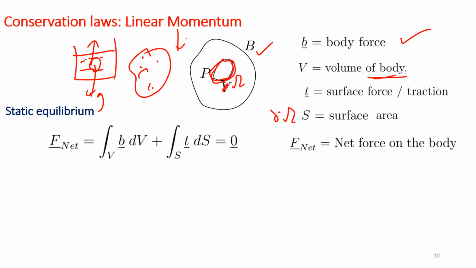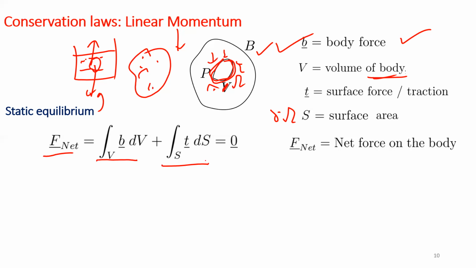All right, so coming back to linear momentum. So we are considering an object, any object. If I consider a particular region, and V denotes its volume, and there are body forces in it, and there are also tractions on its surface. And if I try to look at the net equilibrium, denoted by F net, the net force on it, I can say it is the sum of the body forces as well as the external forces.